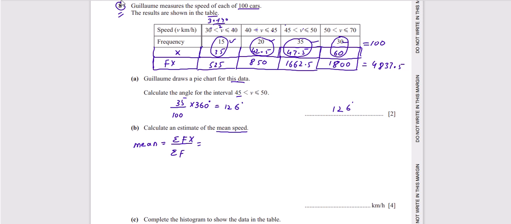Summation of f of x is 4837.5 divided with 100. So mean is 48.375 kilometers per hour. Right here, 48.375.